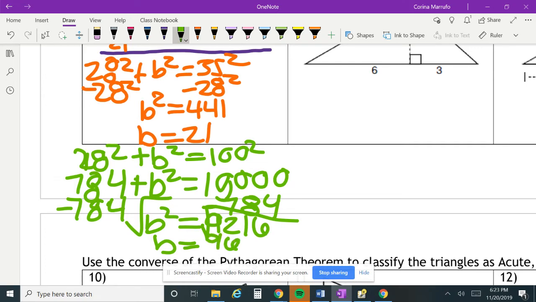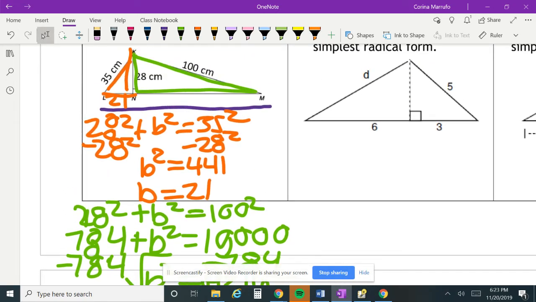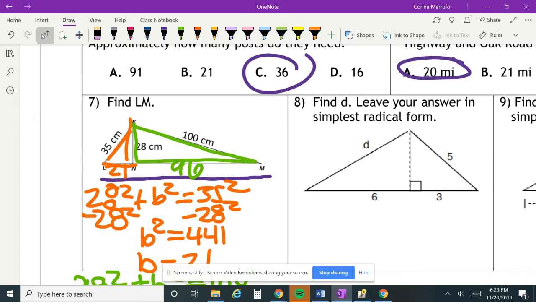Sorry, I put in the calculator wrong. So that means this is 96. So then the whole distance from here to here, 21 plus 96, that's going to give us 117. So it says find LM. LM is 117, and our units are centimeters.